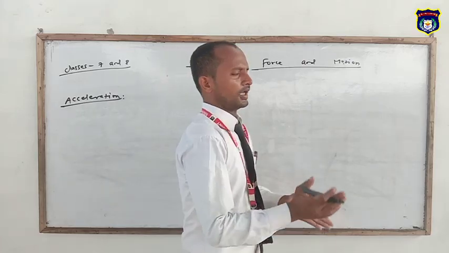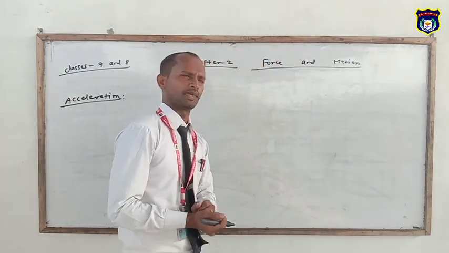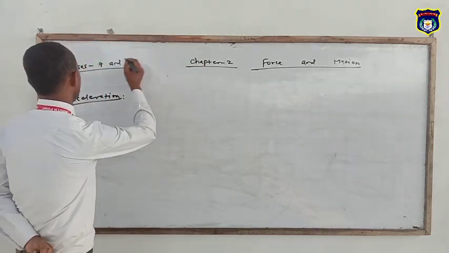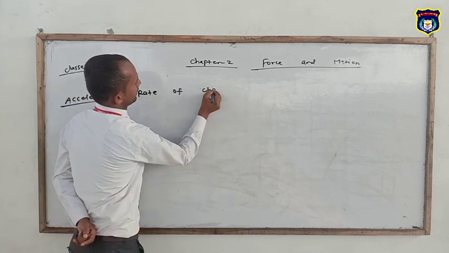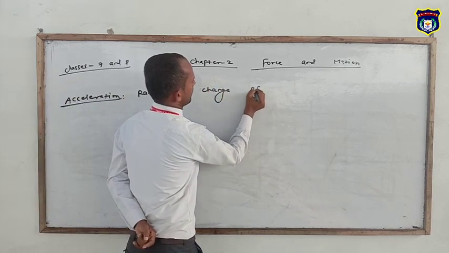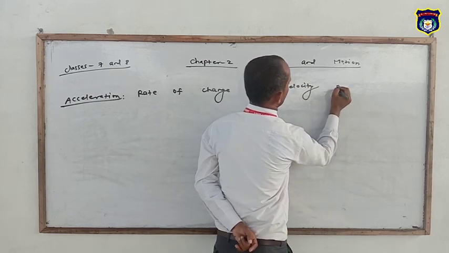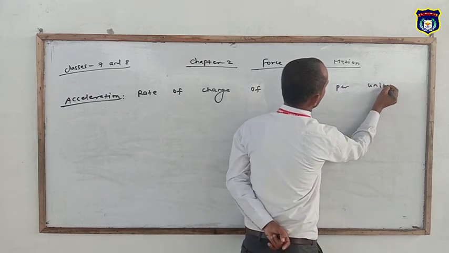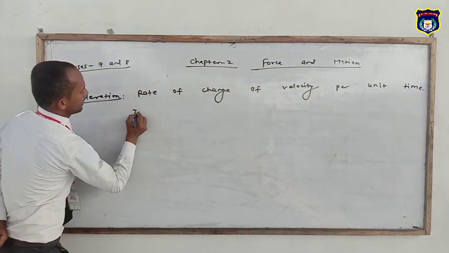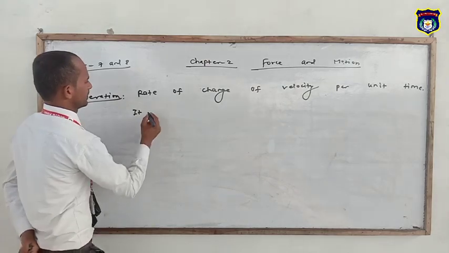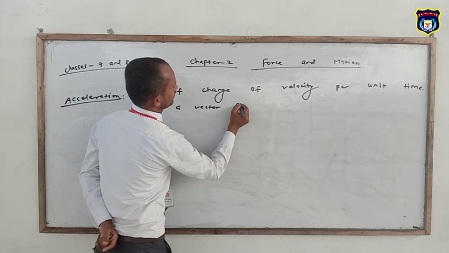Acceleration means the rate of change of velocity. Change of velocity per unit time. The rate of change of velocity per unit time is called acceleration. It is also a vector quantity.